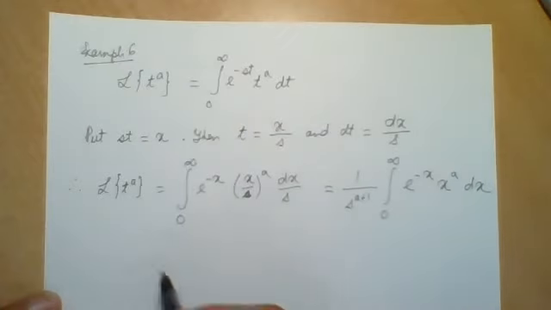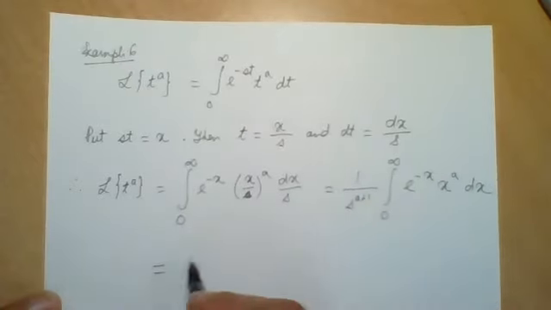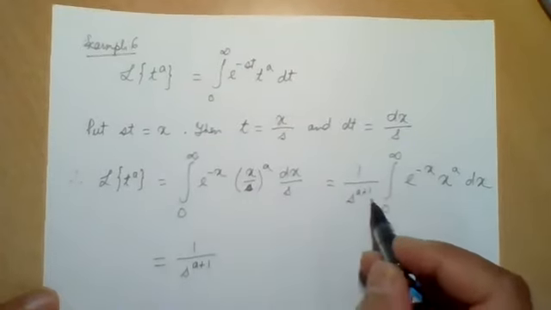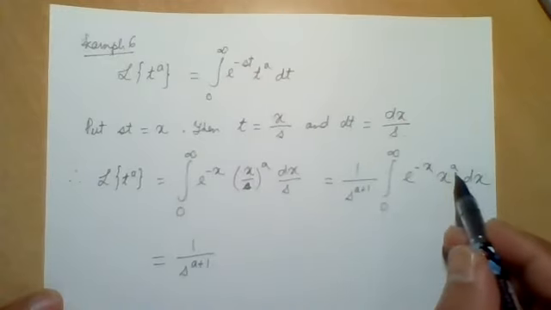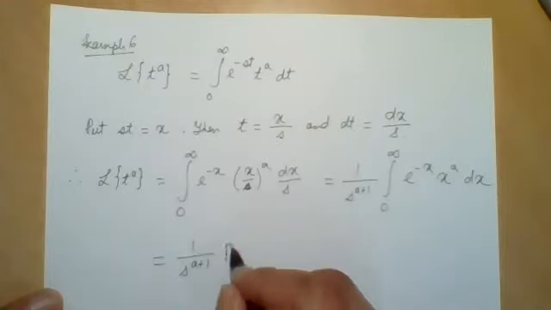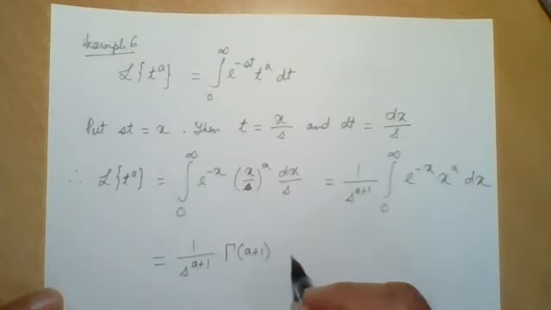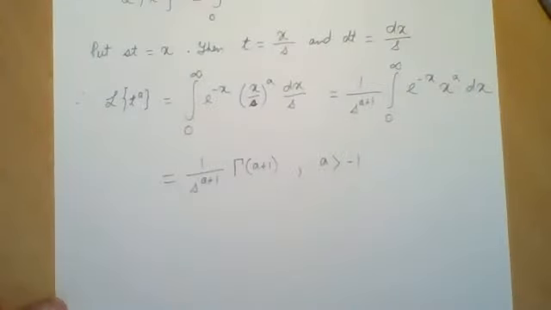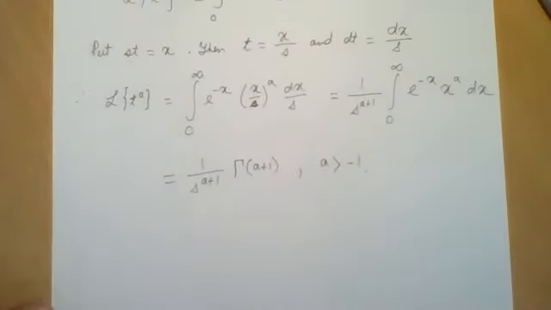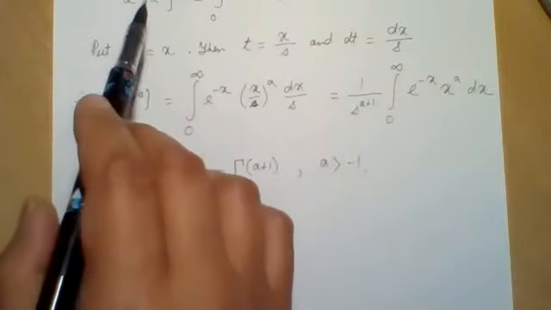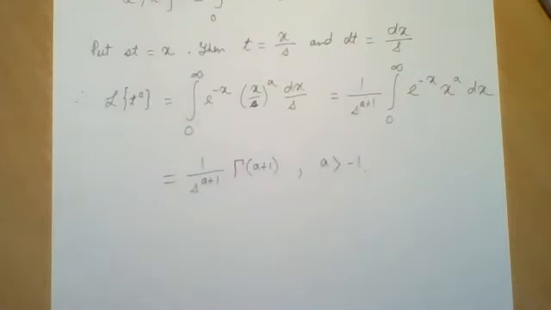So this is 1 by s to the power a plus 1, and this is gamma a plus 1. This means a should be greater than minus 1, because gamma 0 is not defined. So this is the Laplace transform of the function t to the power a. That is fine.